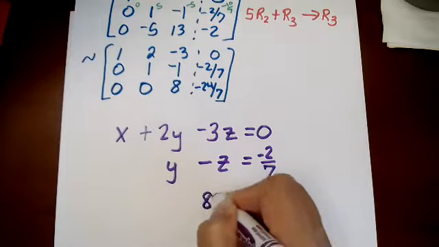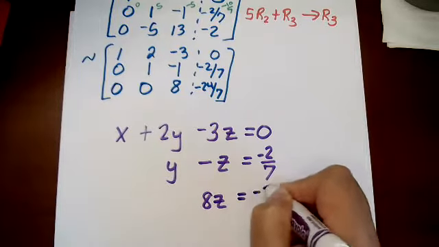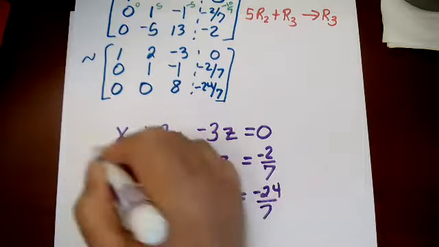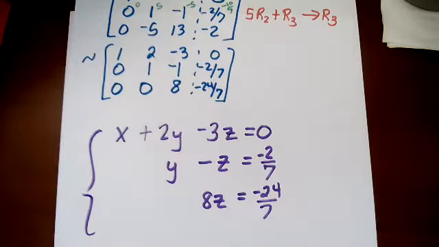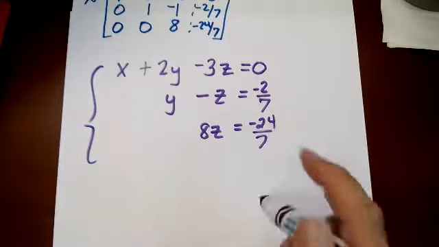And the last one's going to be 8z equals negative 24 sevenths. So the idea is now I can use these in order to solve for z, take that answer, plug it into the one above it, then take that answer and plug it into the one above it. So let's start first to find z.